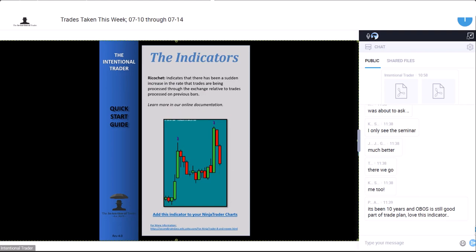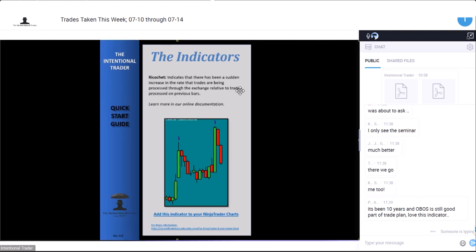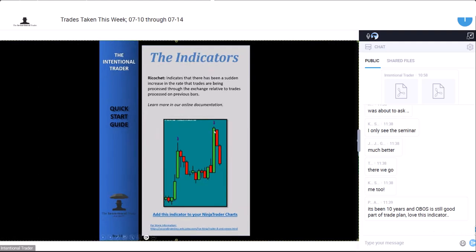Okay. We have our ricochet indicator, which was a byproduct of the speed tick indicator. I'll show you in a minute. The ricochet is an acceleration indicator. When price accelerates really, really quickly, when you go from these little bars to these great big bars very suddenly, that's also a sign that something's about to change.